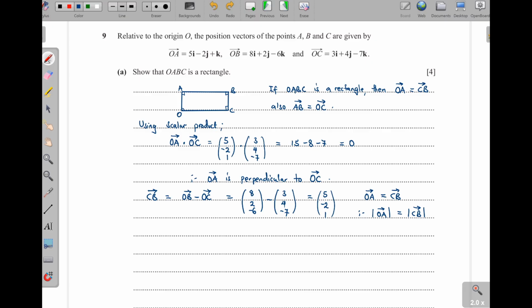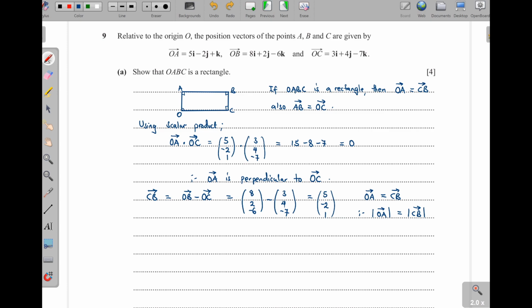So the scalar product is giving us a 0. So this one shows that they are perpendicular. So we also need to compare a pair of opposite sides. Like OA here, is it equal to CB? Then AB is equal to OC.